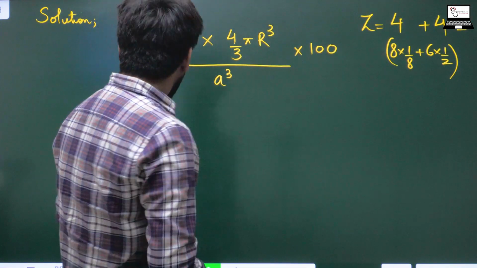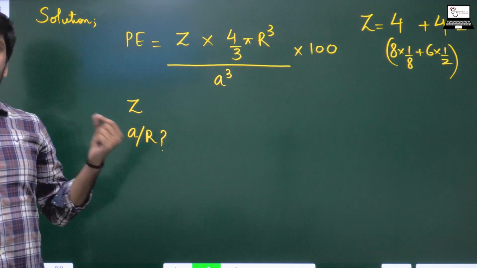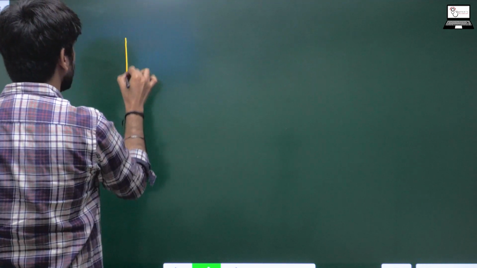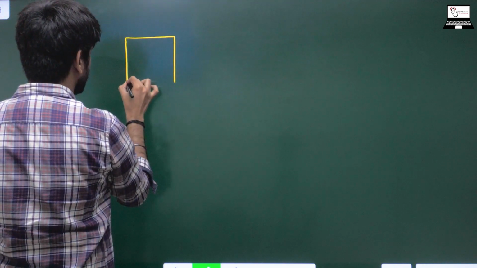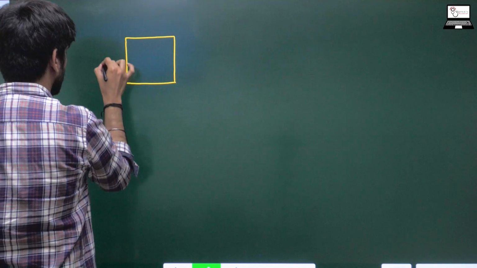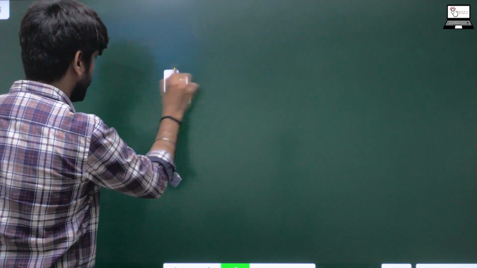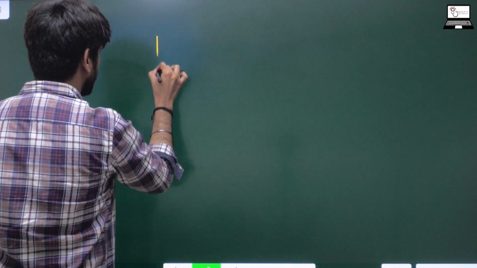Now, how will we calculate the a and r relation? For that, let us see, suppose this is a cube, let me draw it.